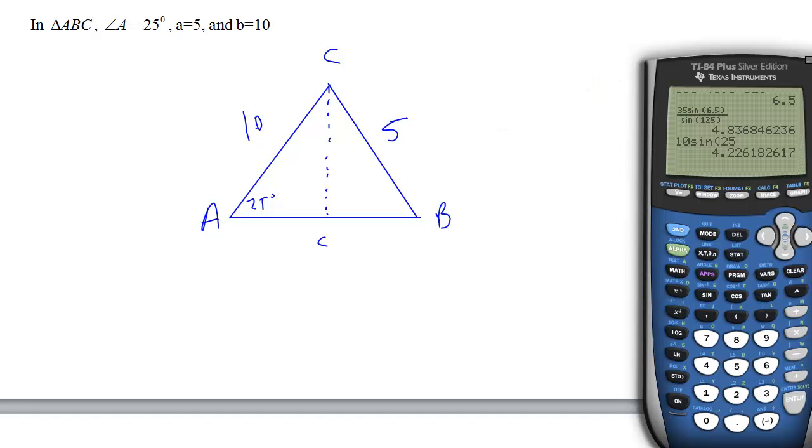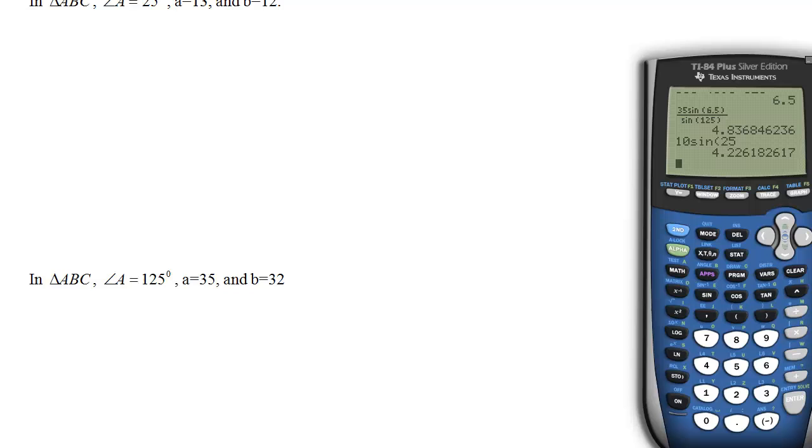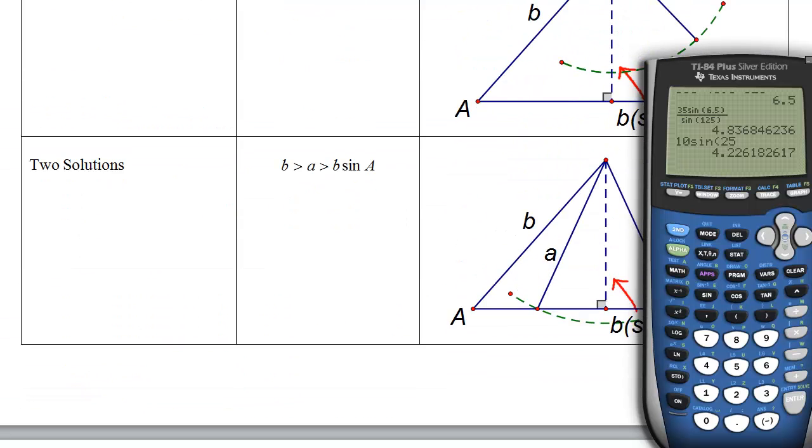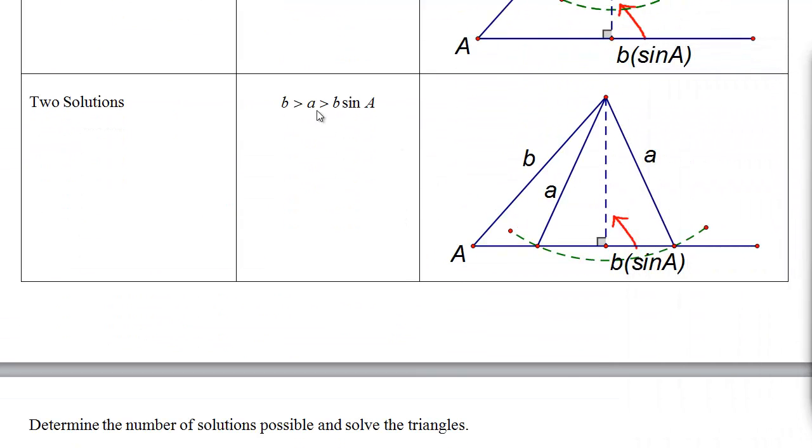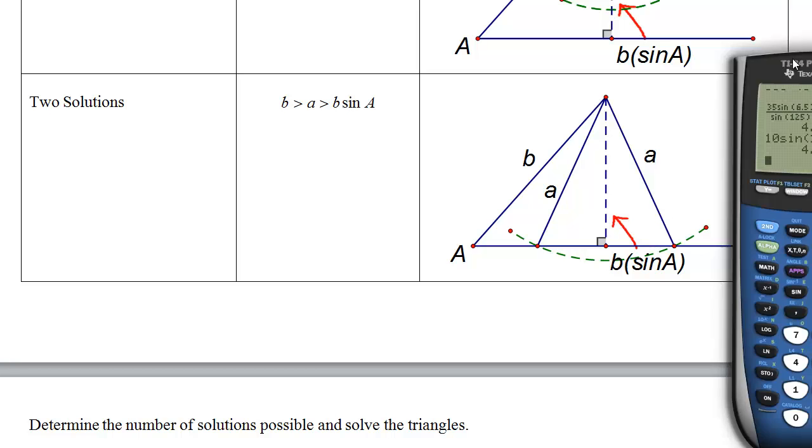So if we go back up real quick, understand that we fell into this category right here. It's greater than B sine A, but it's less than B. So there's two potential situations. So we're going to solve for them both.